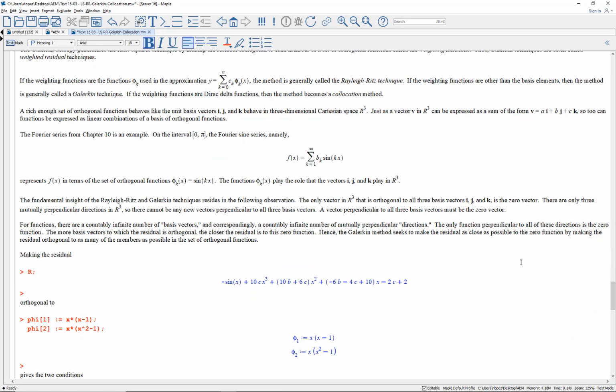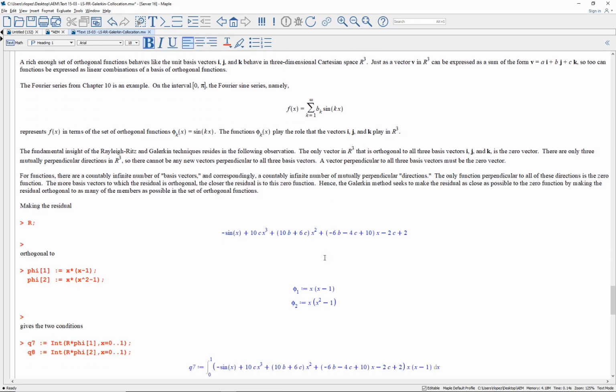Well, we make r orthogonal to the actual basis functions phi k, not L on phi k, as in least squares, but directly make residual orthogonal to the phi k's.